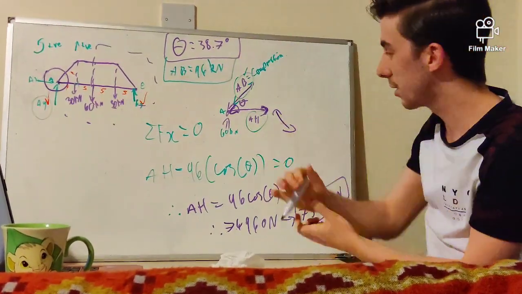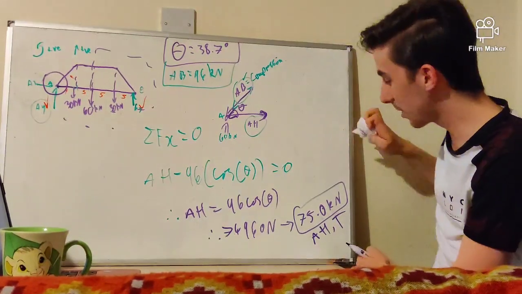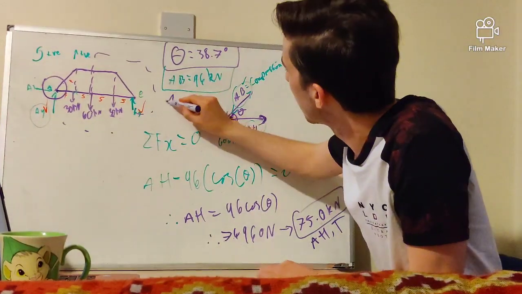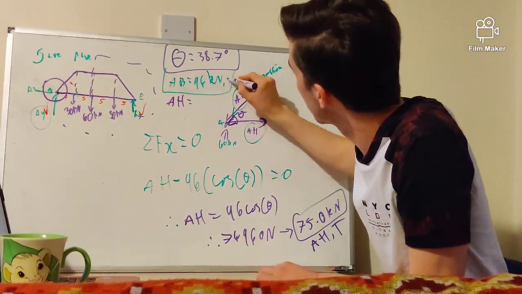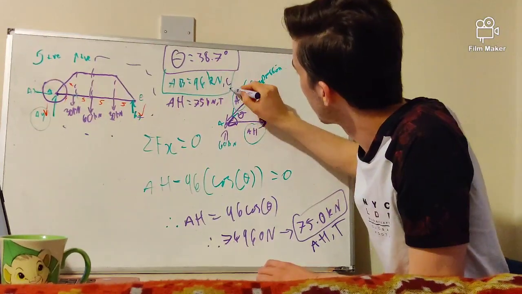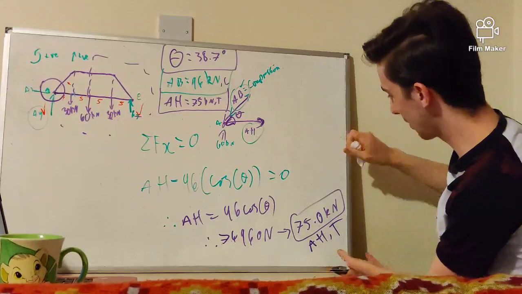It's going to be in tension. Okay, so 75 kilonewtons tension, and we know that's AH. So AH equals 75 kilonewtons tension. It's probably a better way of saving these, but whatever.